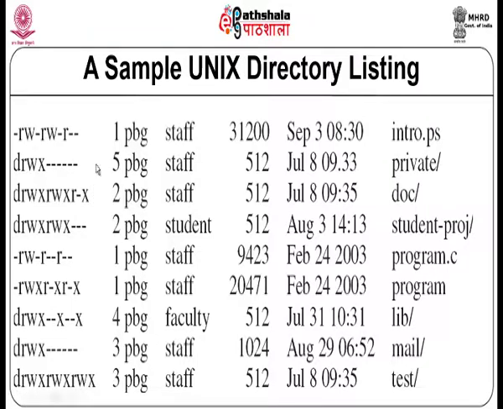Similarly, for the other files as well, in the 5th row you find that the first entry here is a dash before this RW. It says that it is not a special type of file, it is only a regular file. But here you have a D symbol, which says that it is a special type of file, a directory.